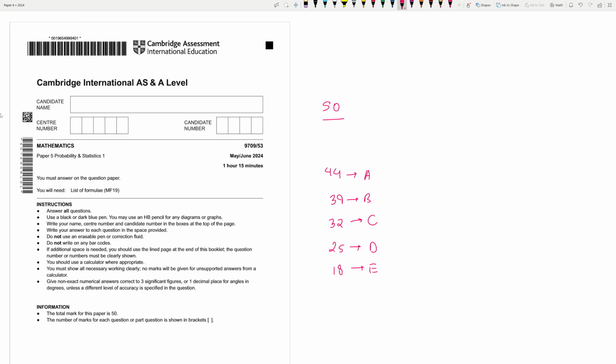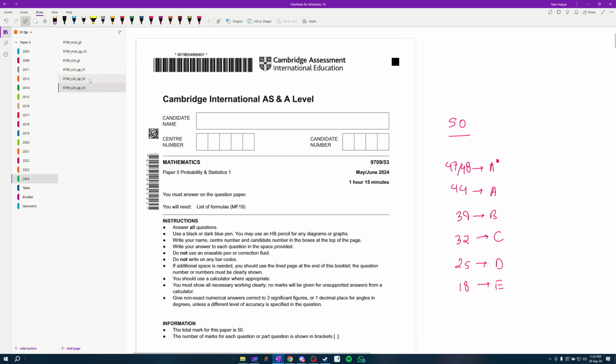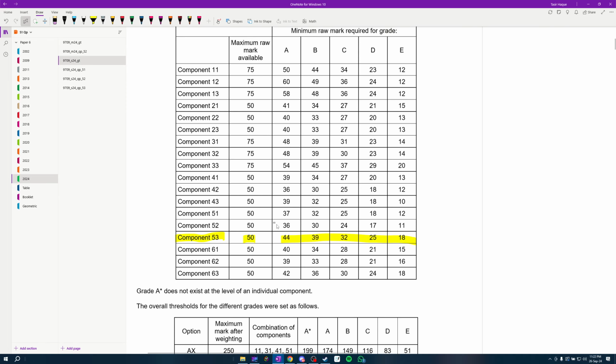So A stars, you can look at the mark difference, or if we just consider half of it, it should be at 47 or 48. Since the threshold is so high, that usually indicates that this paper was much easier compared to the other ones, because if you take a look at the threshold for the other ones, 36 was A for paper 5.2 and 37 was A for paper 5.1. So what does that indicate? These two papers were much harder than component 5.3. Okay, so that's the general idea.